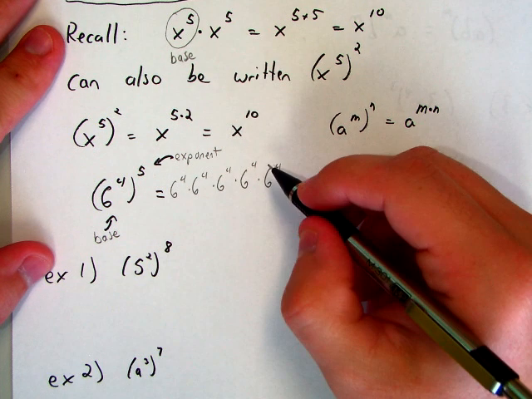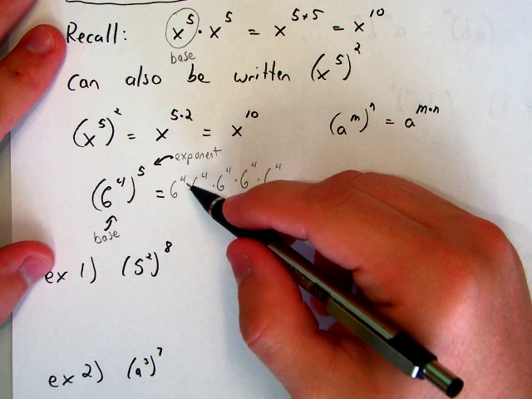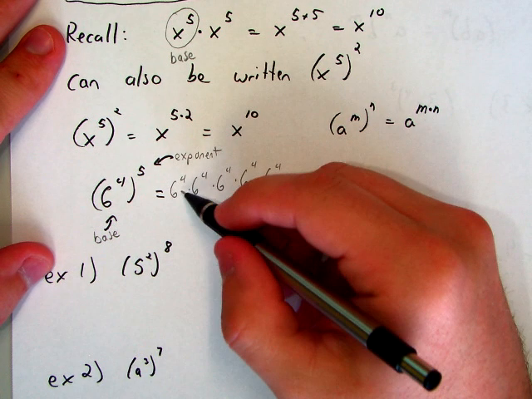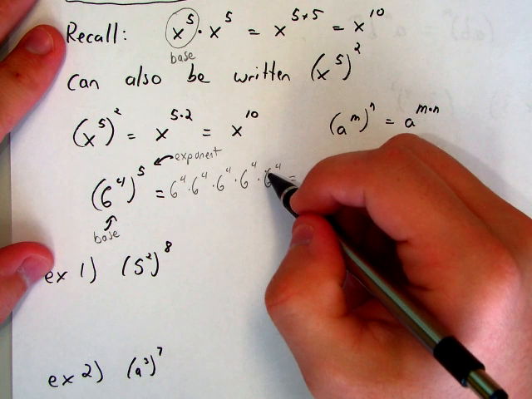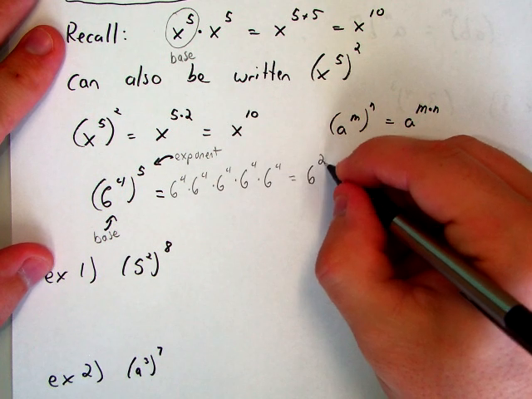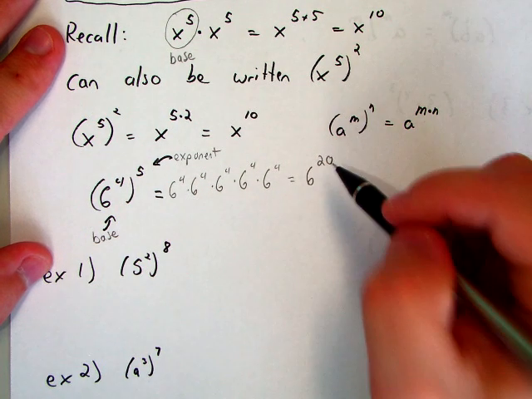We have 5 4s. So if we were to do this with our power of a product rule, we'd keep the base and add all the exponents to be 20. In this case, we do 4 times 5, which still gets us 20.